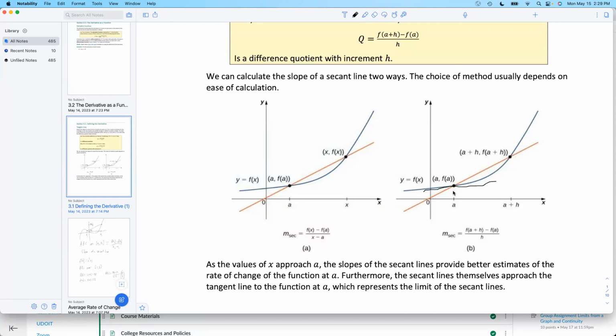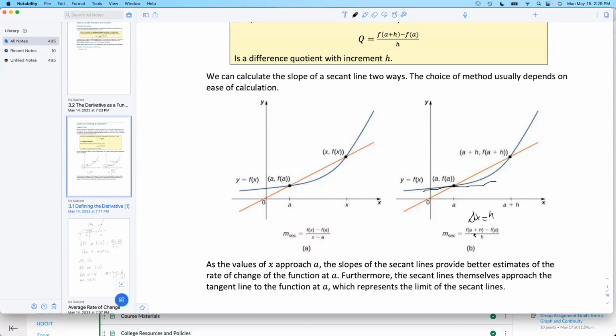And that happens when we make these points get closer and closer together. So we'll call this point here A, that's x equals A, and then my change in x here, we're going to call H. So if this is A and I go up by a different distance H, this next x value would be A plus H. So these 2 points are (A, f(A)) and (A plus H, f(A plus H)).